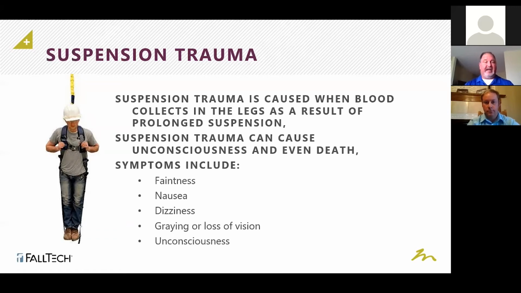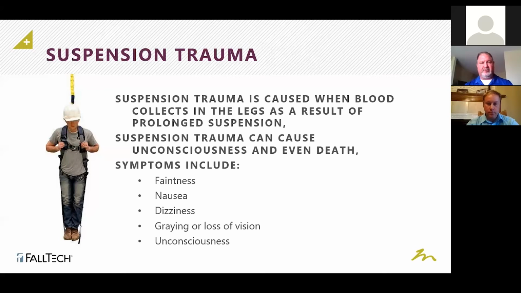I've seen people that have the vest on and their leg straps aren't even on. So the training of making them wear the harness correctly is very important. But at the same time, if they're in an area where it may take a little bit of time to do the rescue, a lot of manufacturers now have suspension trauma straps, and they can easily be deployed.